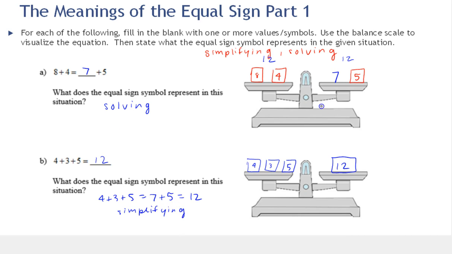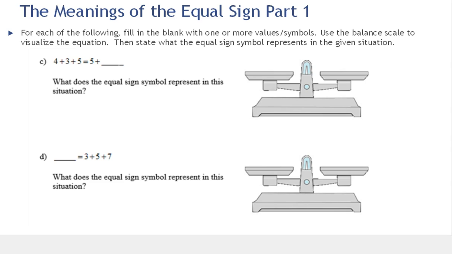Let's look at the next one. Here on the left-hand side, we have 4, 3, and 5. On the right-hand side, we have 5, and we're asked to find what we would put on the scale to make this balanced. Let's think about something here.